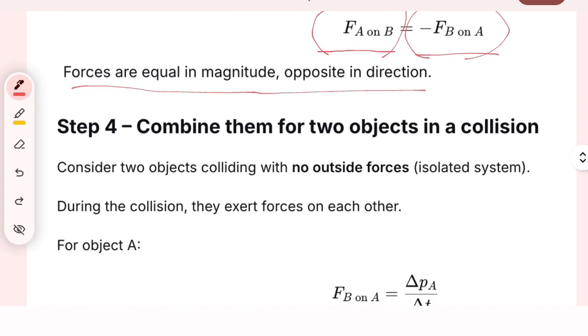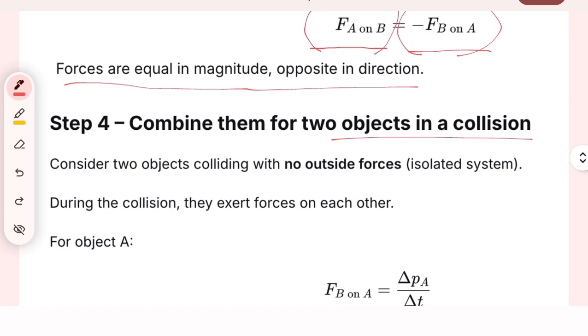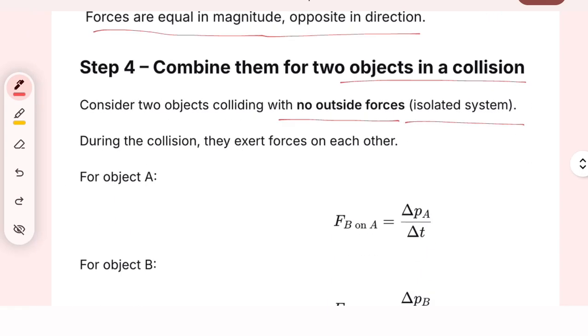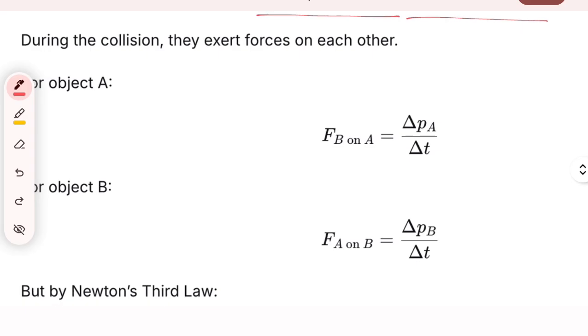Now, if we combine them for two objects in a collision, right? Consider two objects colliding with no outside forces, or isolated objects. During the collision, they exert forces on each other. So the force on object A, according to the law that we already learned, is the change of momentum over the change of time.